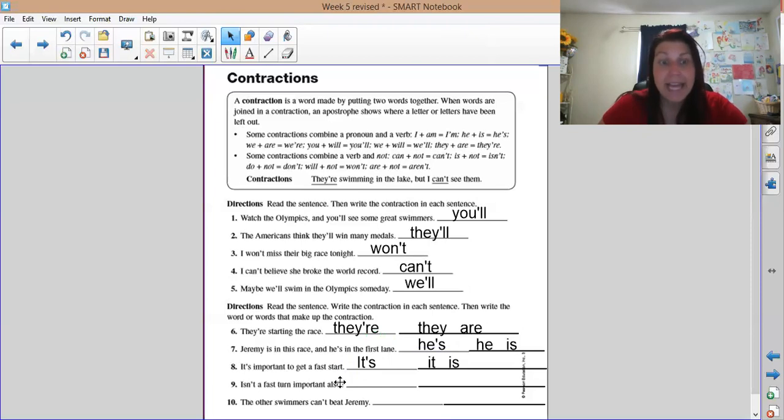All right. Isn't a fast turn important also? So they are talking about these races, going around the track, competing in these Olympic things. That's what all these sentences are about. So staying in the lanes, running around the track, that's what all of these are tying together with. So how to win at running a race.